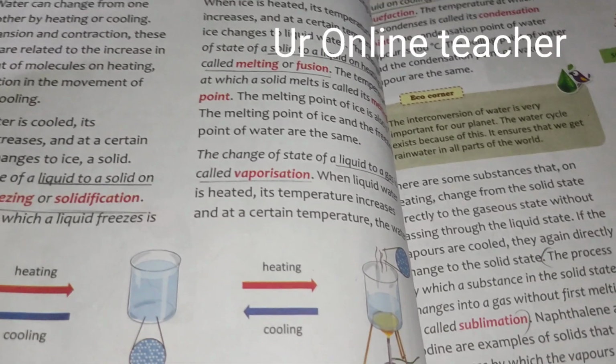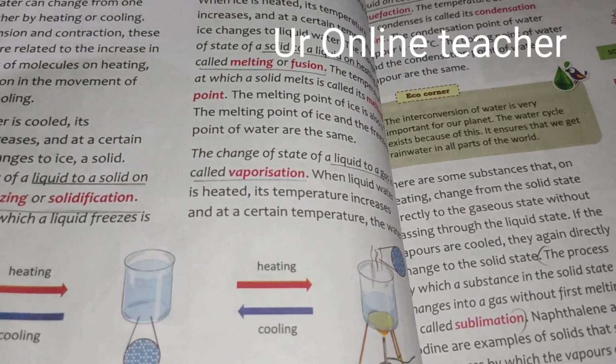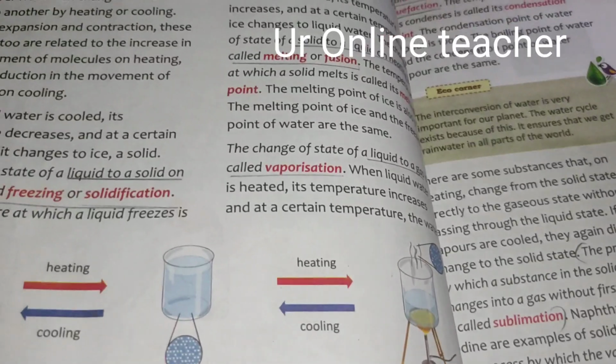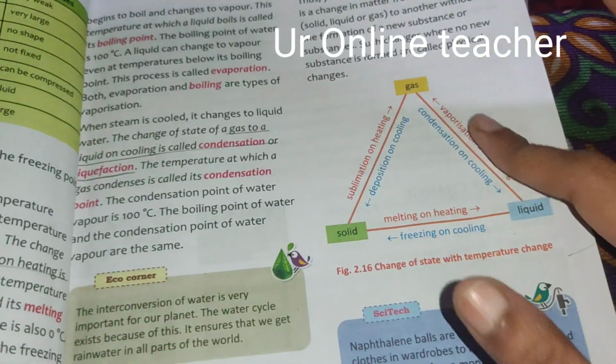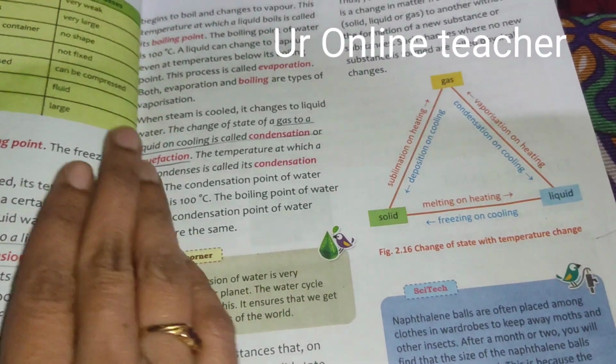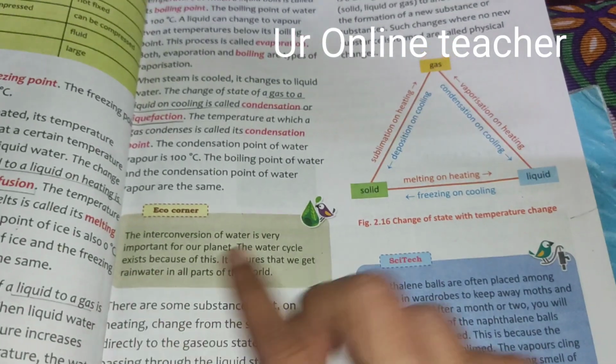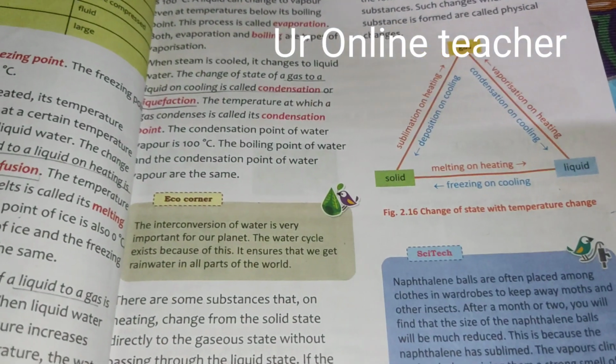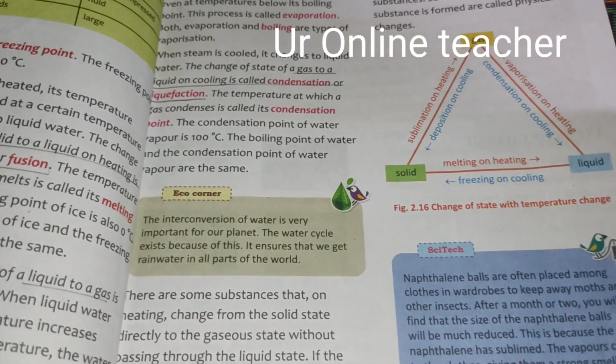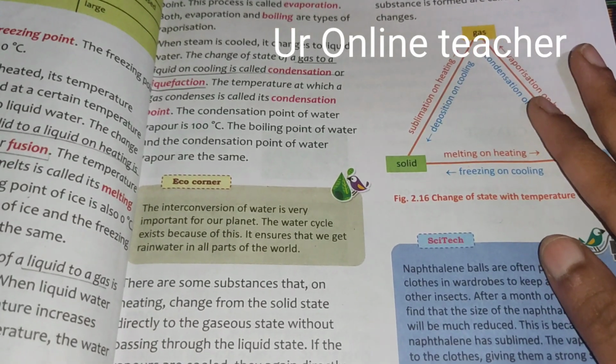Like that only, melting point and freezing point is 0 degrees centigrade, the same. So all this interconversion takes place, solid to liquid, liquid to gas. The interconversion of water is very important. Why? Because the water cycle will exist because of this only.